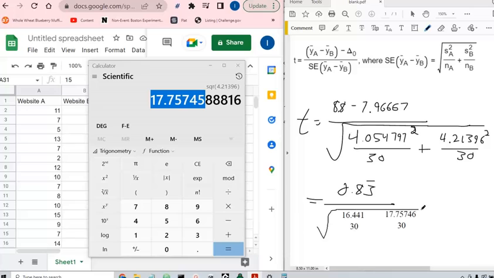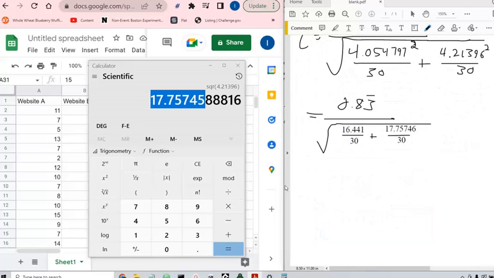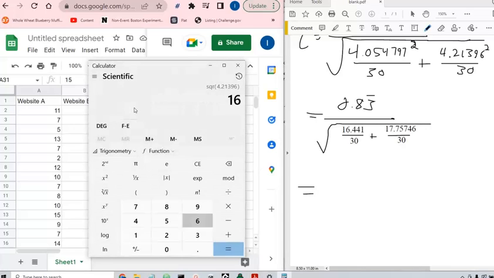It's the square root of all these numbers after you've divided and then added. So I'm going to do 16.441 divided by 30, 0.548.